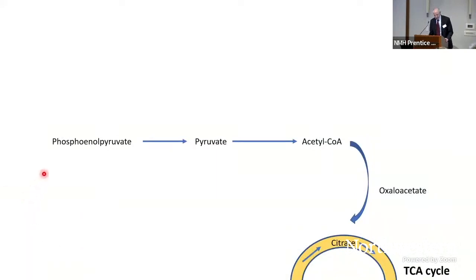I do. Okay, so pyruvate kinase is here. That's this step in the glycolytic pathway. What I just gave you is some evidence that stimulating pyruvate kinase, which pushes more pyruvate into acetyl-CoA and into the TCA cycle, is neuroprotective.